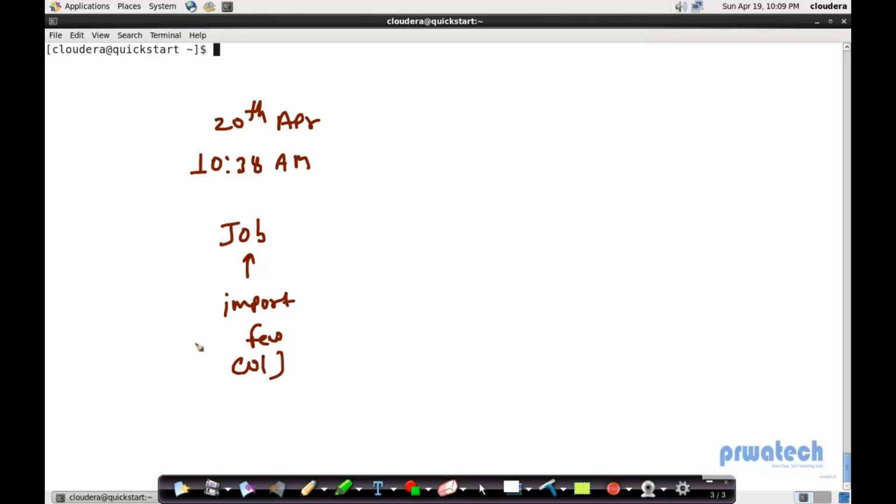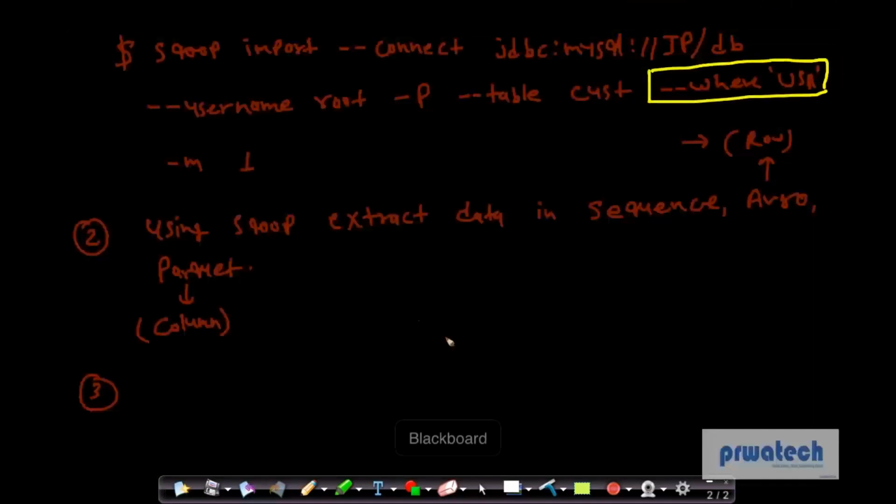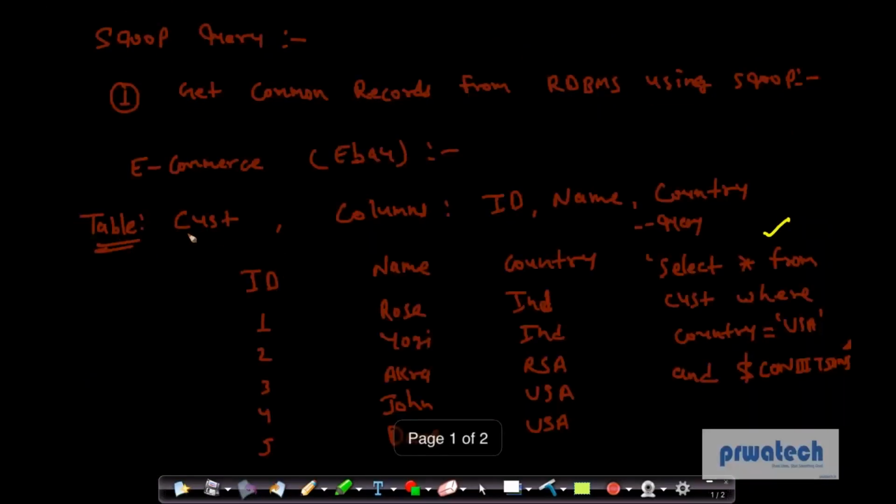Few columns, not all the columns, because we know that if I'm using import, it takes one table and all the columns. Now I'm saying I will extract one table, but not all the columns. In my previous example I took a cust table with ID, name, and country. Let's say I just need name and country; I don't need the ID to be stored in HDFS.